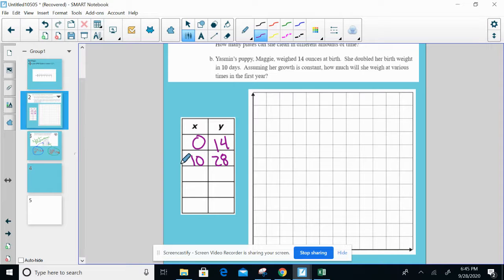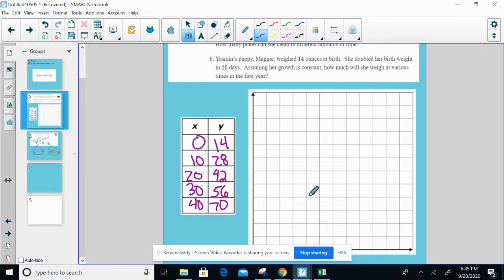When we talk about a proportion, it's basically the idea that every time we change one value, we're going to change another. So if we add another 10 days, we add another 14 ounces, sorry, not pounds. That's a heavy puppy. Add another 10 days, add another 14 ounces, right?